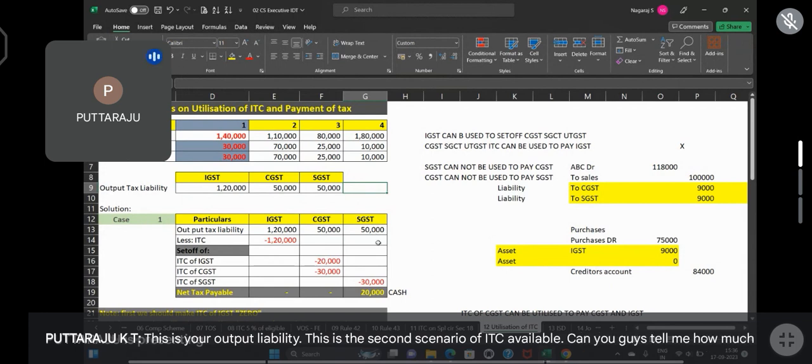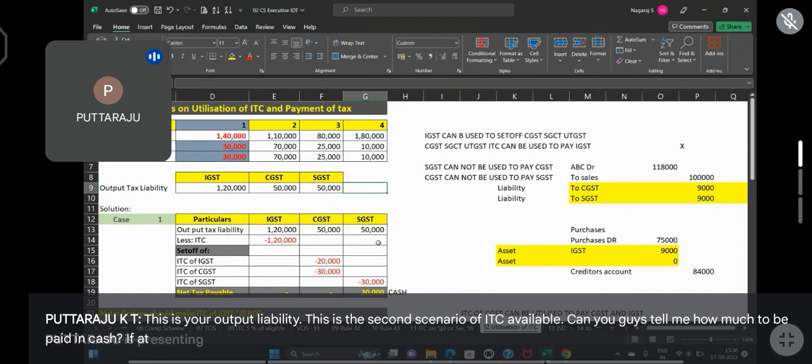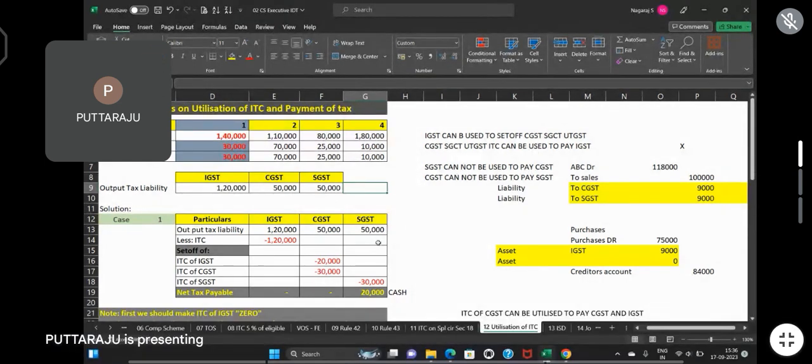Can you guys tell me how much is to be paid in cash, if at all we are to pay?